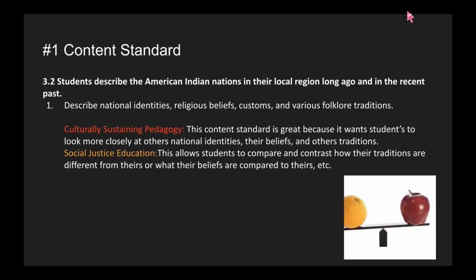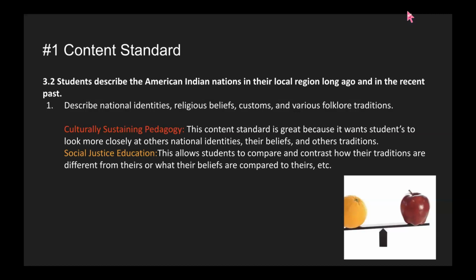For cultural sustaining pedagogy, this content standard is great because students look more closely at others' national identities, beliefs, and other traditions. For social justice education, this allows students to compare and contrast how those traditions and beliefs are different from theirs.